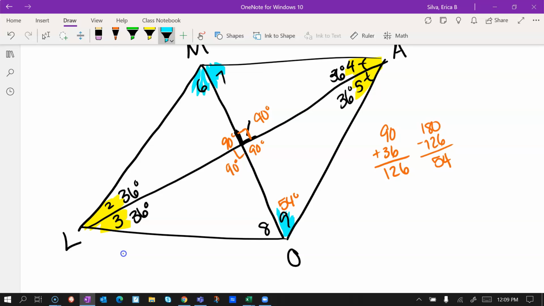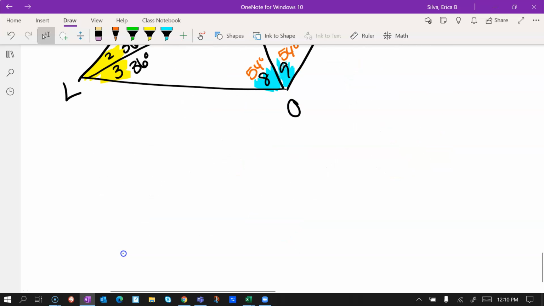Perfect. 6, 7, and 8 are all also 54 degrees. Any questions? All right, we have two more examples.